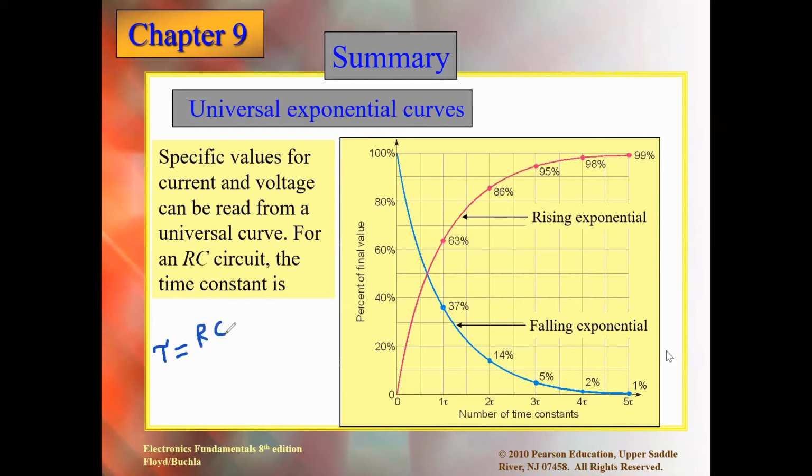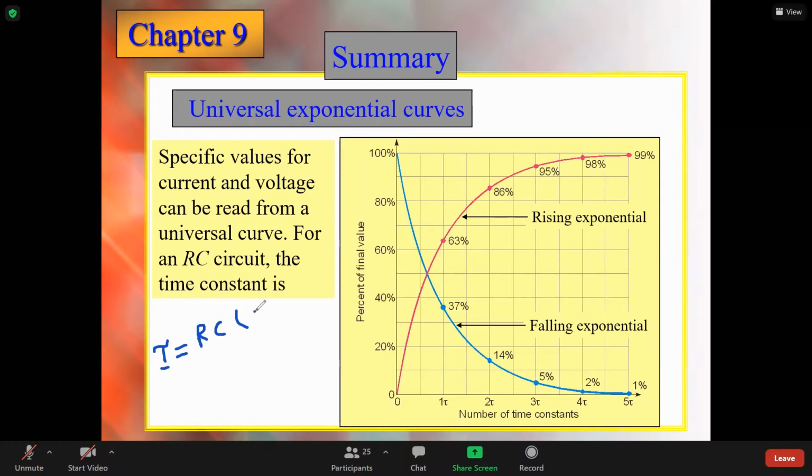So this is R into C. And what is the unit of this tau? Because this is a time constant, the unit is second. Your resistance must be in ohm and your capacitor in farad, so you will get tau in seconds, because it's a time constant.